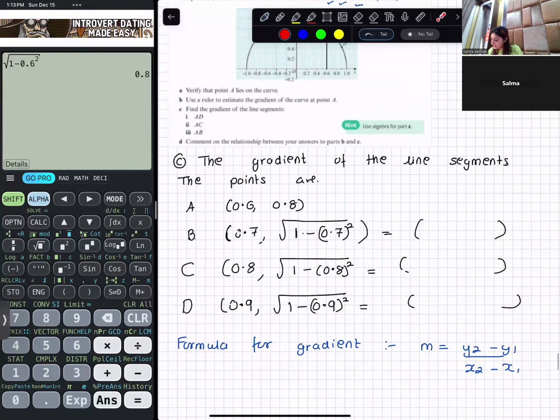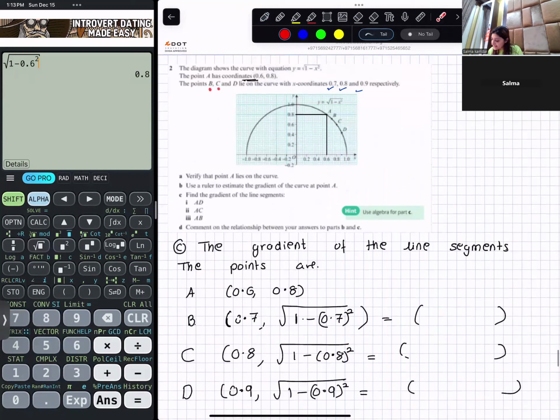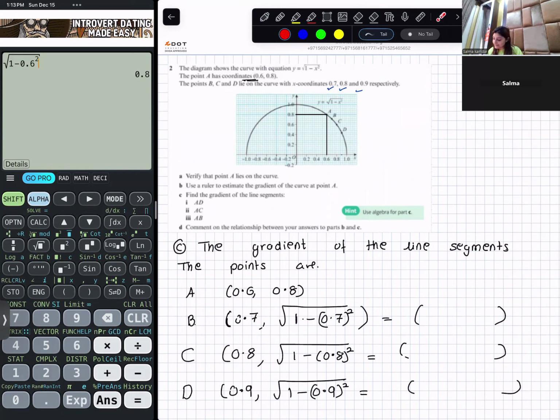Now, I know the x coordinates of my points B, C, and D. I need to find the y coordinates. X coordinate of point B is 0.7, point C is 0.8, and the x coordinate of point D is 0.9. I need to find the y coordinates. A's coordinates I already know: 0.6, 0.8.